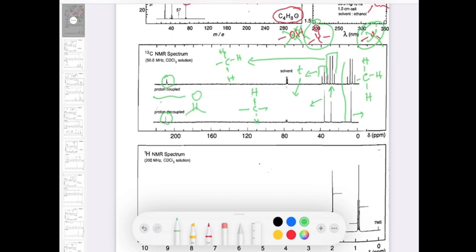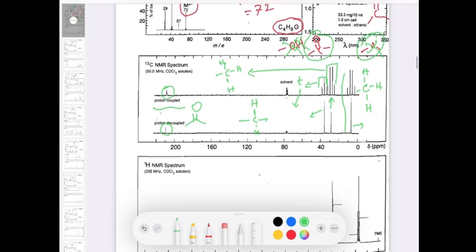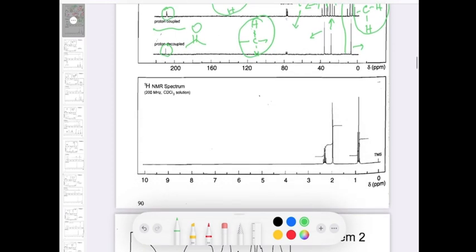So now we have 4 carbon information. One is a methyl, very shielded. Another is another methyl, a little bit deshielded, not exactly like the first one. And one CH2 peak. Now from the proton NMR, if you look at the peak, this is the integration. The integration size normally shows how many protons there are.